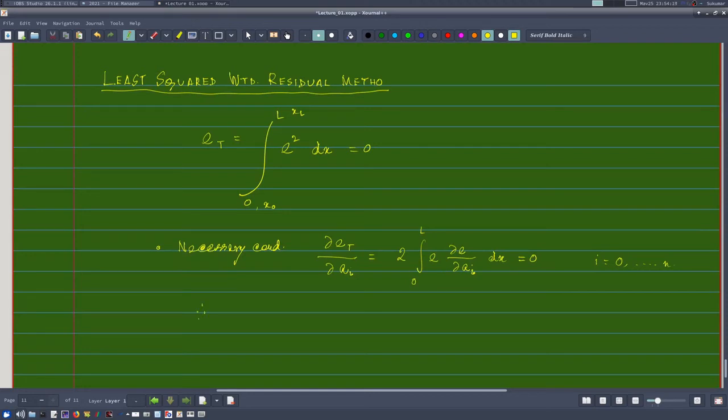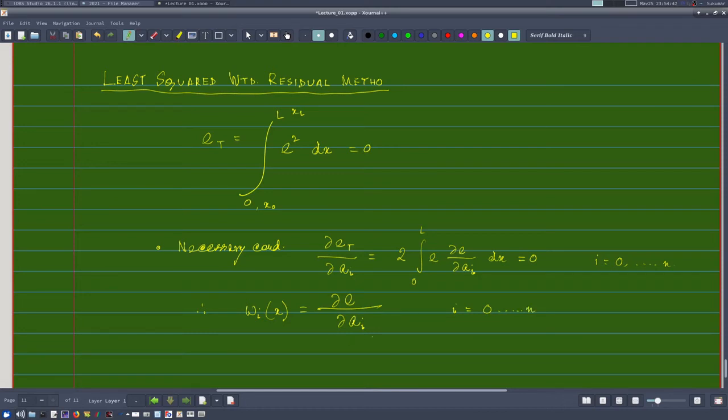Therefore in this method this weighting function W_i(x) is none other than del E del a_i, for i equal to 0 to n.